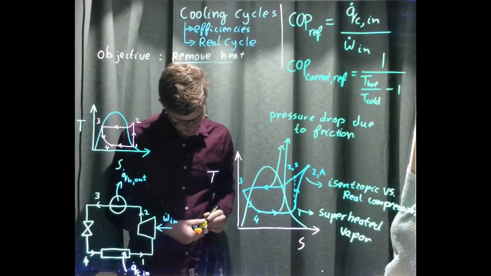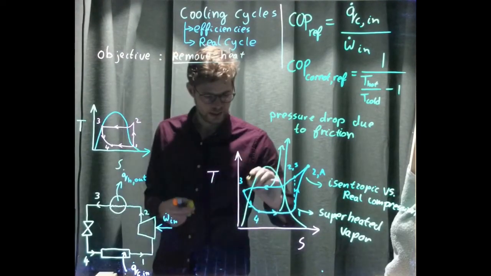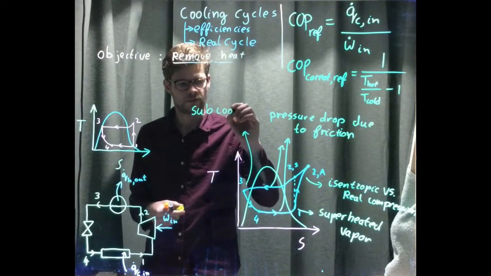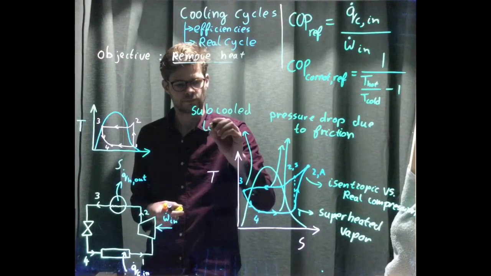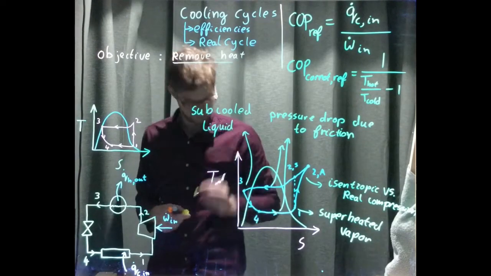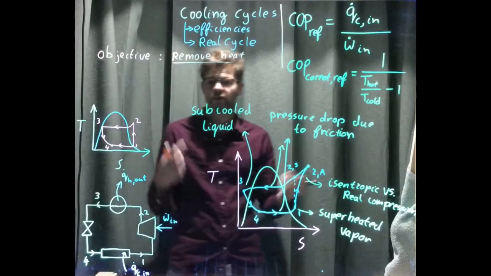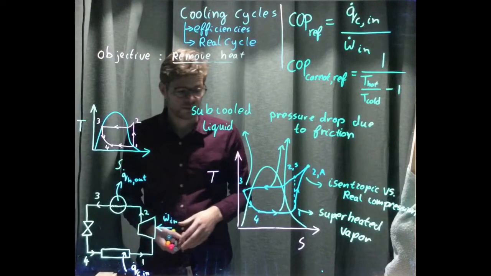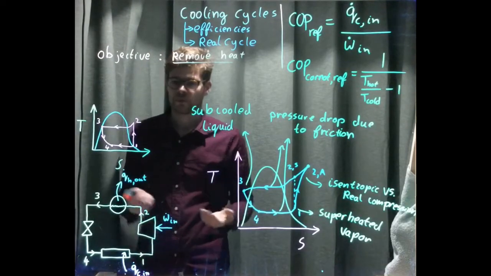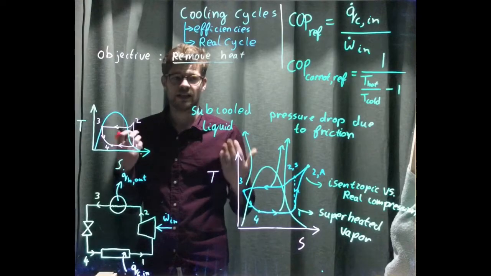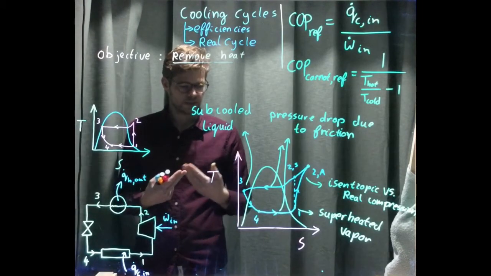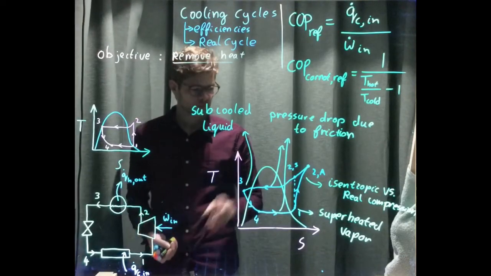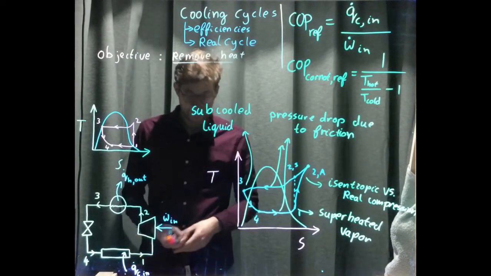And over here we may have a subcooled liquid. So these are a couple of differences between the real and the ideal cycle. Of course there are more, but most of them are negligible for the depth of knowledge required for this course in thermodynamics. But it's always very wise to keep them in mind.